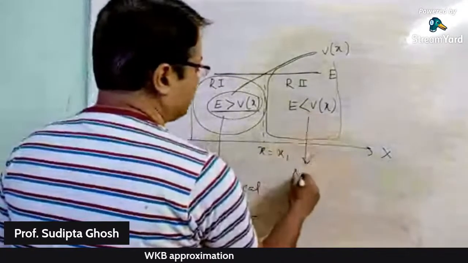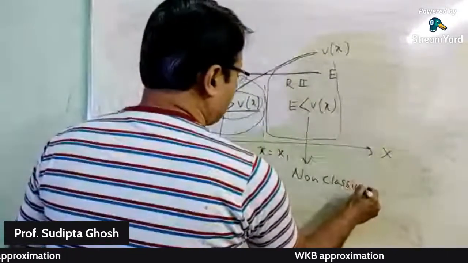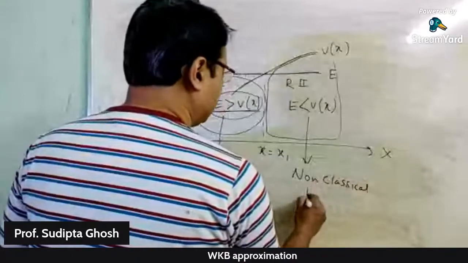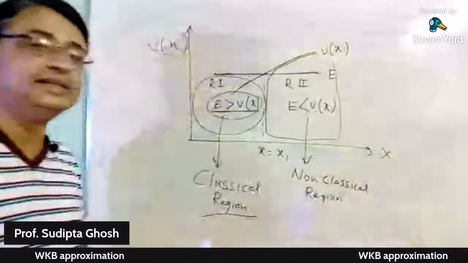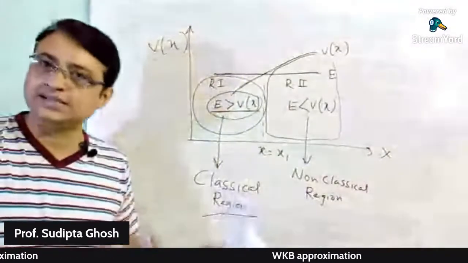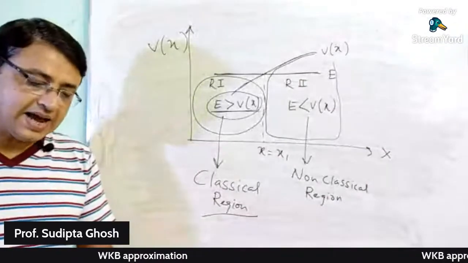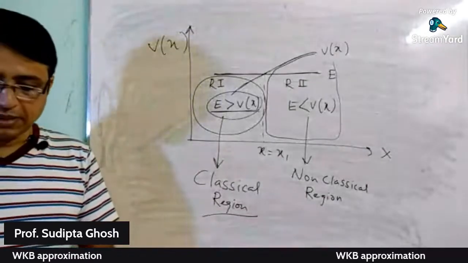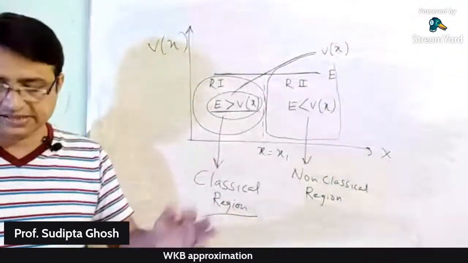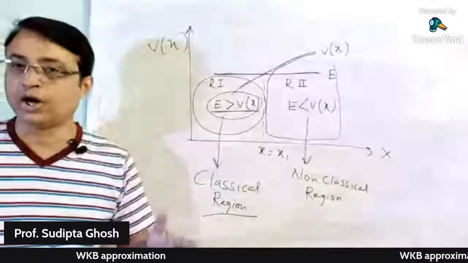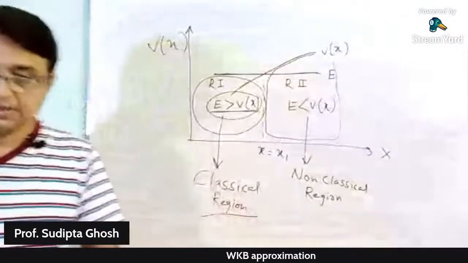So region 1 is our classical region and region 2 is our non-classical region, and these two regions are separated by a classical turning point x equals x1, which is the point corresponding to E equals V(x).